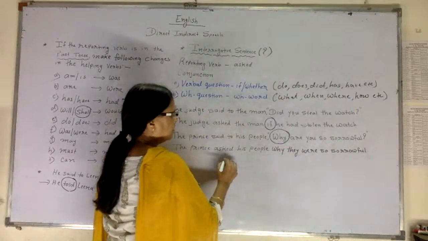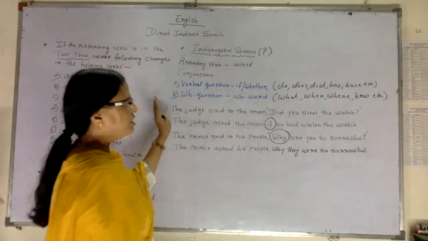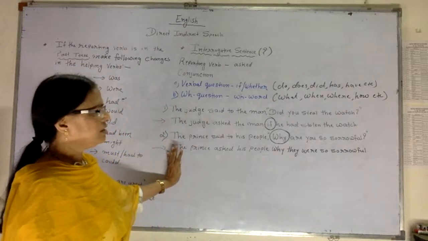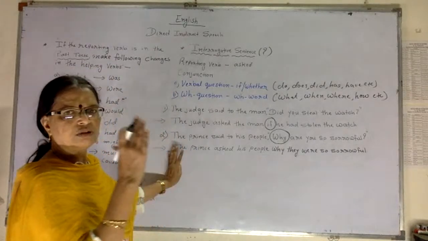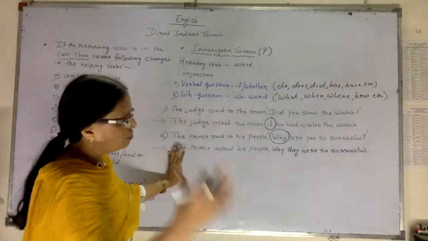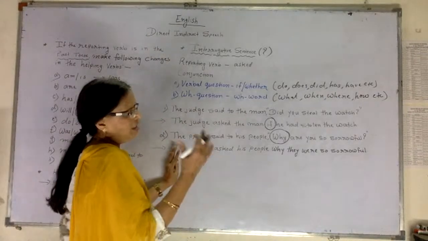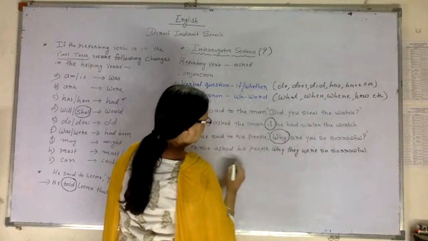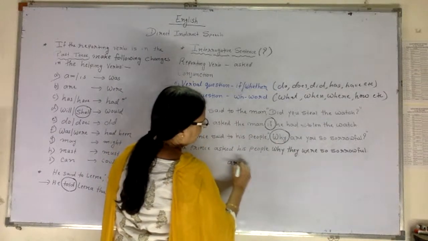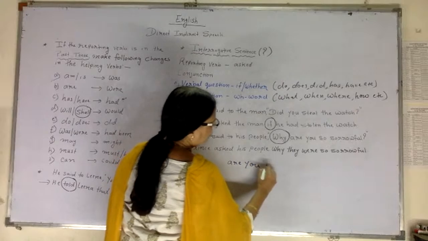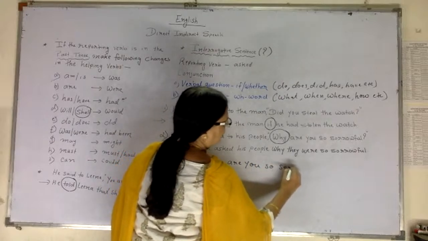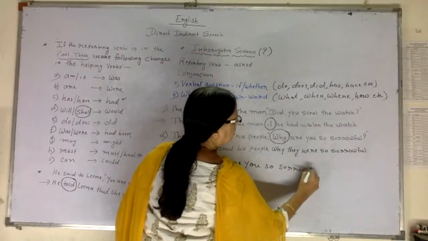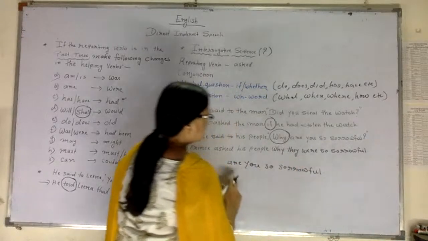See, every time keep in mind, whichever type of sentence you are getting, you will first change it to the assertive, and assertive will change into indirect. That means see, here why. Now it is are you so sorrowful, right? This is the statement.